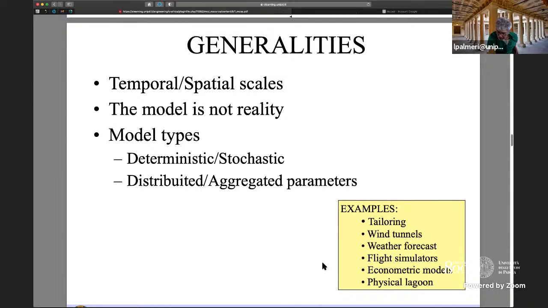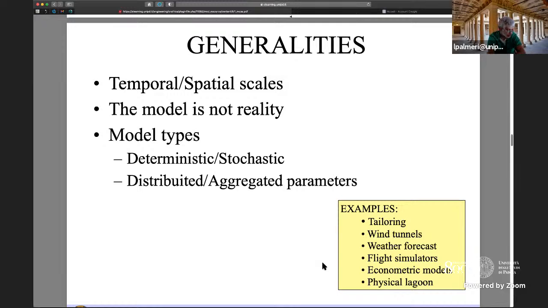While if you want to describe a landscape process, like the growth of a forest, or the problem of land erosion, soil erosion, and so on, the spatial scale will be that of some meters, hundreds of meters, maybe kilometers, sometimes thousands of kilometers, depending on the type of system you want to describe.